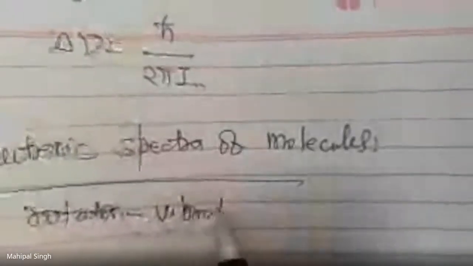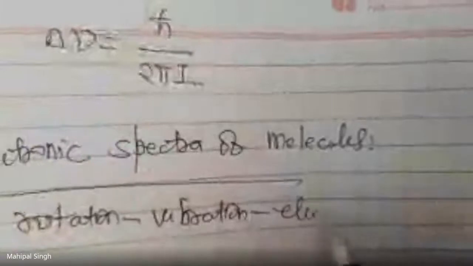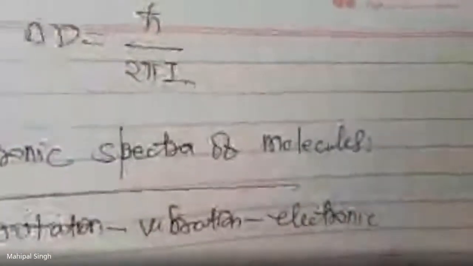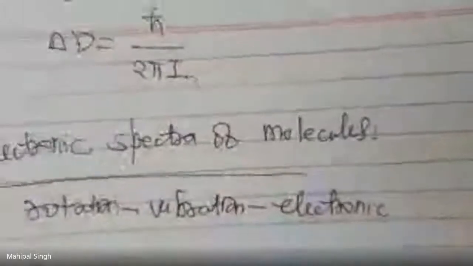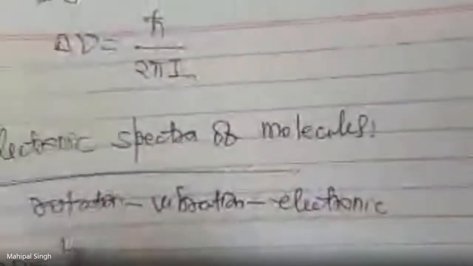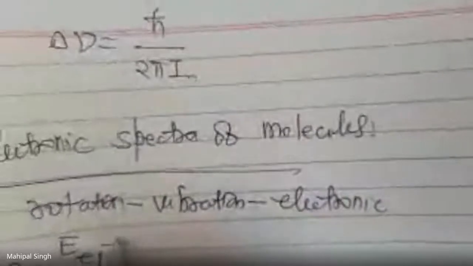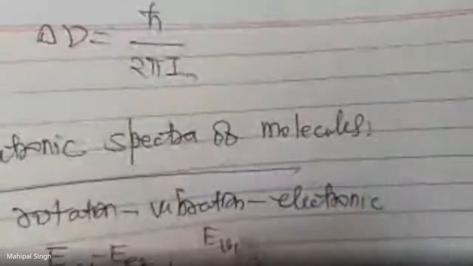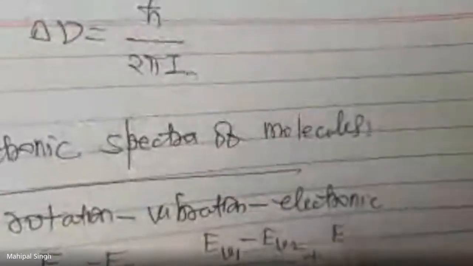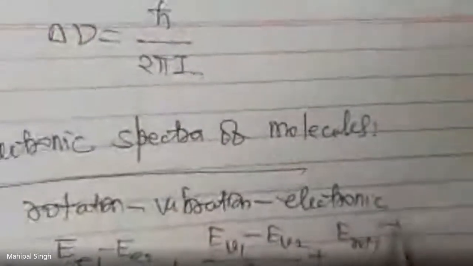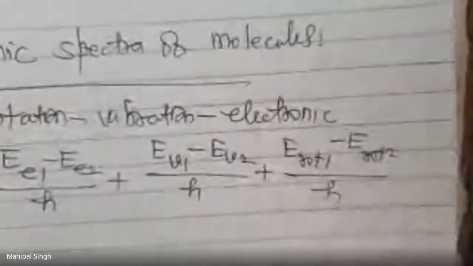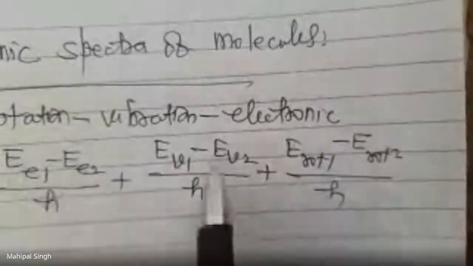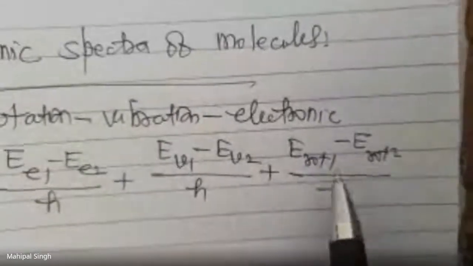These produce photons of frequency nu equal to (E electronic 1 minus E electronic 2) upon h plus (E vibration 1 minus E vibration 2) upon h plus (E rotation 1 minus E rotation 2) upon h. This is electronic energy, this is vibration, and this is the rotational part.